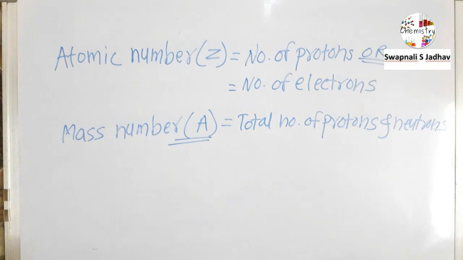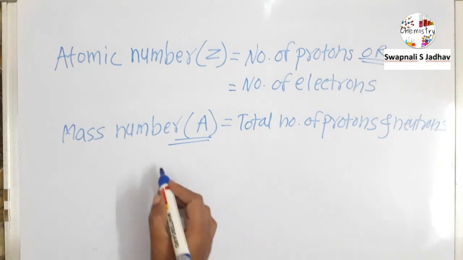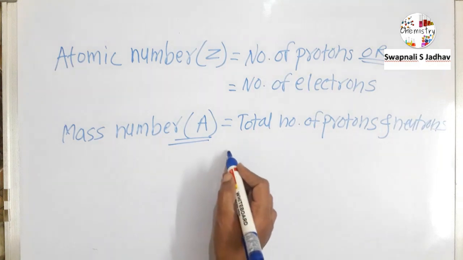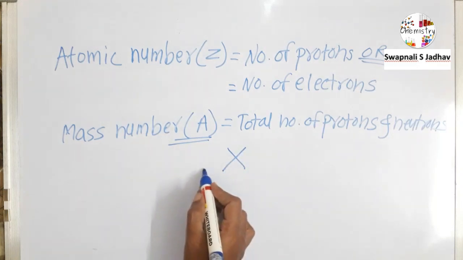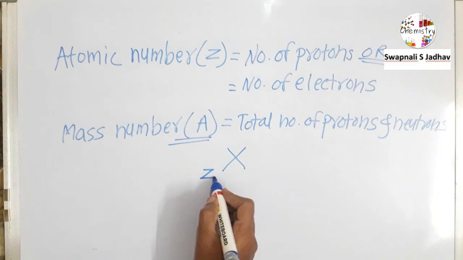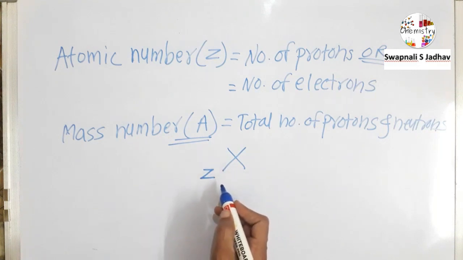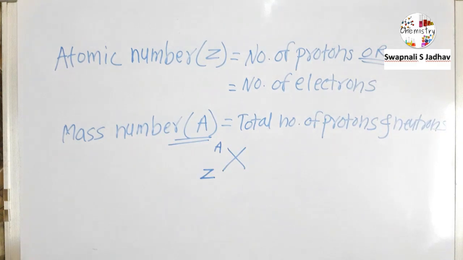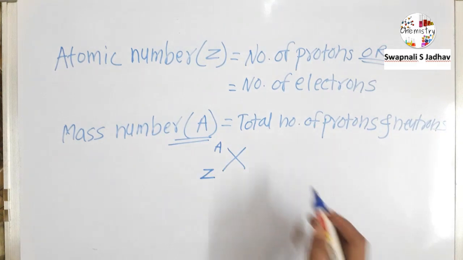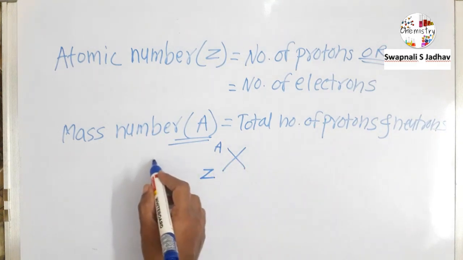Capital A. Okay. So composition of any atom is represented by the element symbol X with atomic number Z as subscript and mass number A as superscript. How we can represent it?